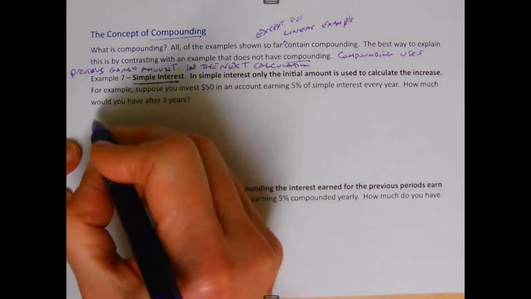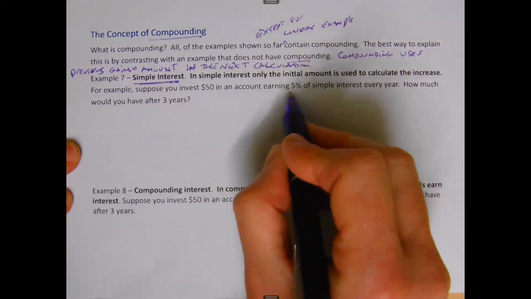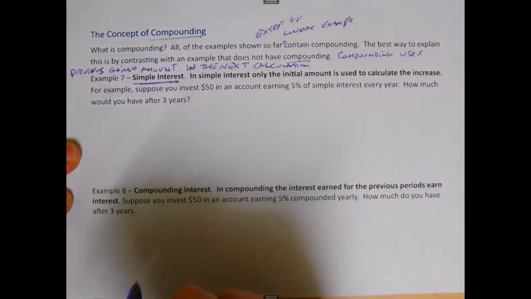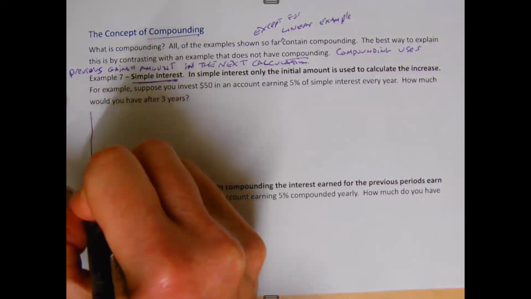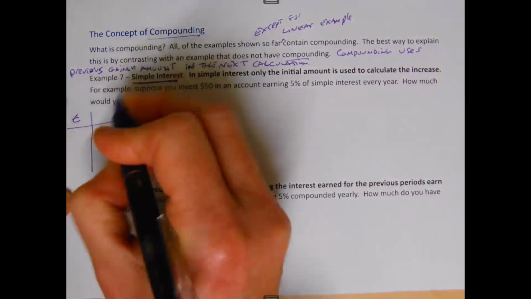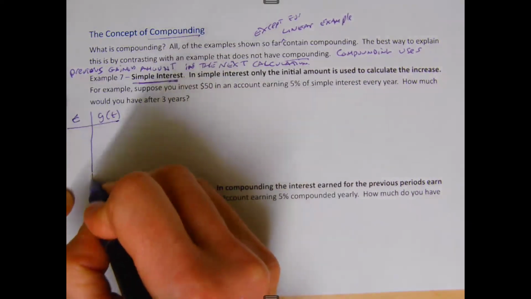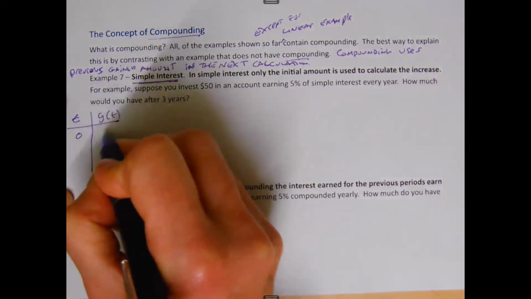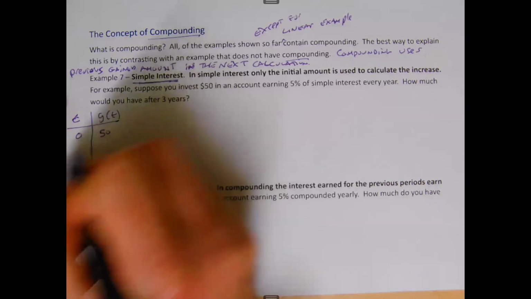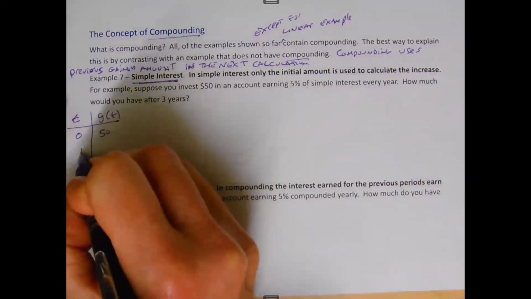So that would be an example of simple interest. You invest $50 in an account earning 5% simple interest every year. How much would you have at the end of 3 years? Let's call this G of t. Year 0, you have the $50. Now, year 1, what's going to happen?